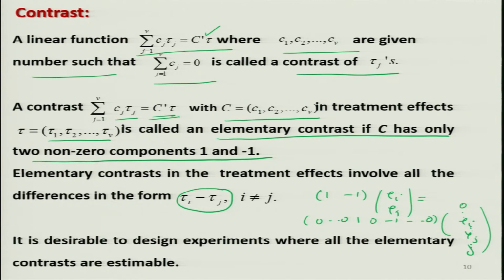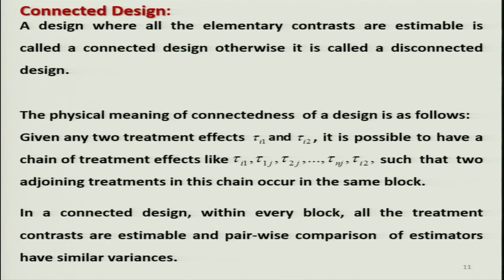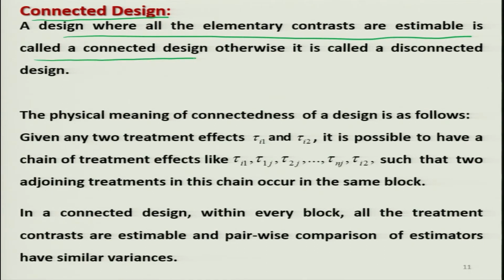Now, we want to design an experiment where all the elementary contrasts are estimable. Based on this wish, we have a definition of connected design, and this says that a design where all the elementary contrasts are estimable is called a connected design, and otherwise it is called a disconnected design.